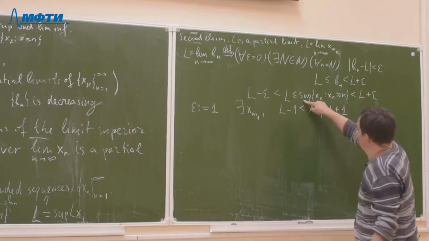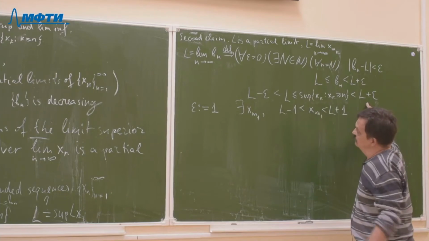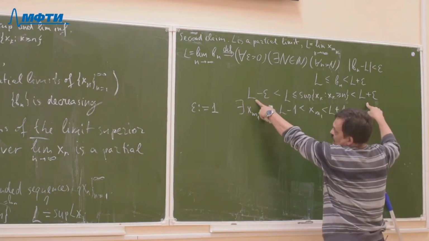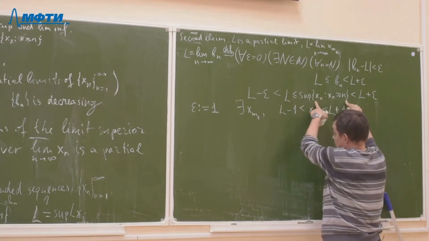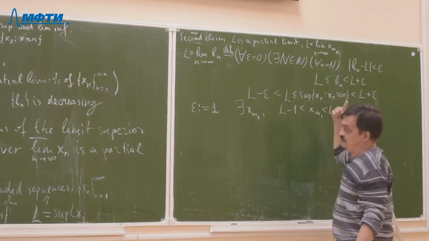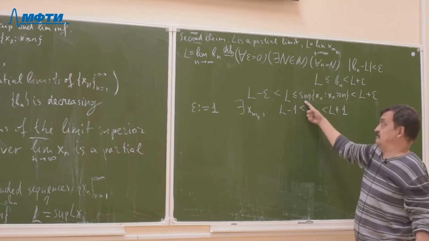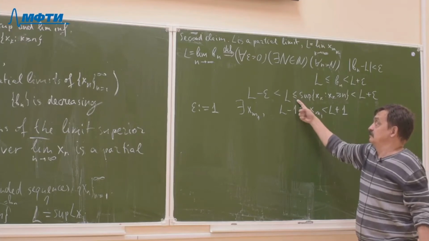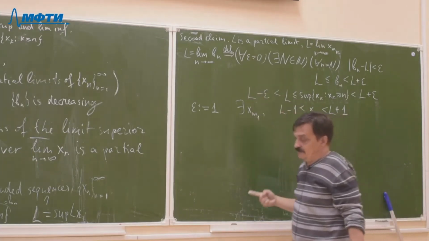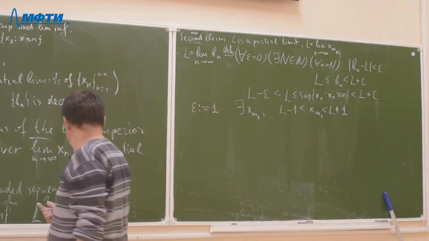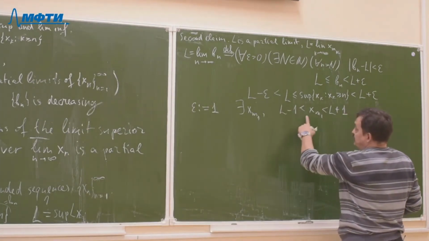So we have the least upper bound of a set between those numbers, L minus 1 and L plus 1. Then there exists at least one element of our set which is also in the same limits, because otherwise we could take L minus epsilon as an upper bound. So I took this element as x_{m_1}.